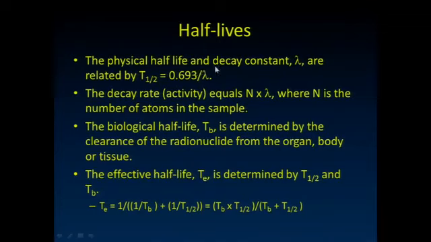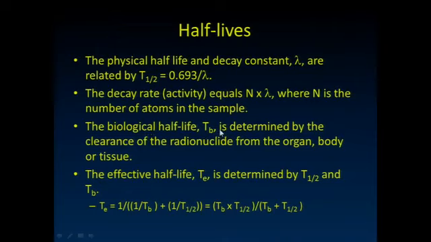The physical half-life and decay constant lambda are related by that equation that I just had on that previous slide. That decay rate, that activity, equals the number of atoms that we have in the sample times that decay constant.